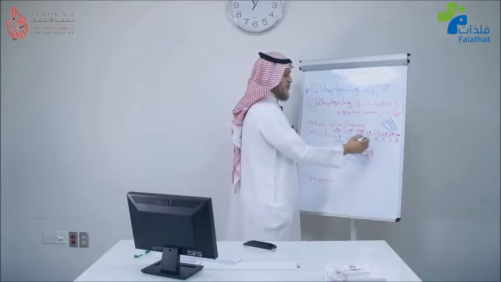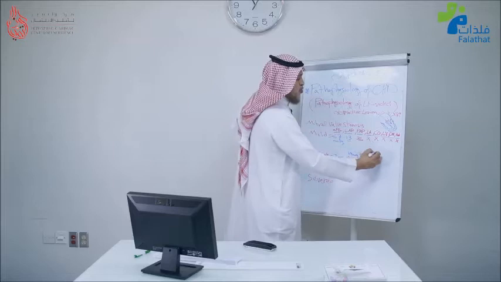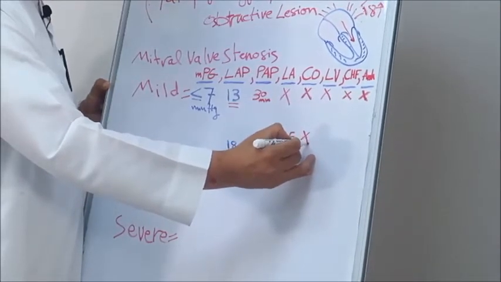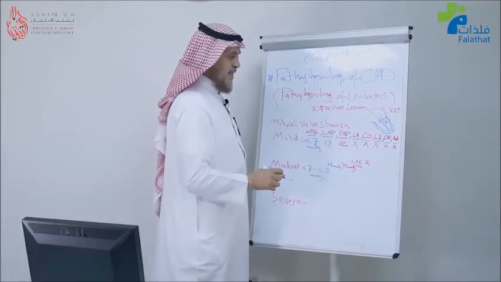So cardiac output, even in moderate mitral valve stenosis, will be maintained. So no effect. When I say X, it means no effect. It doesn't mean that the cardiac output is X, no. So no effect on cardiac output, it will be maintained.